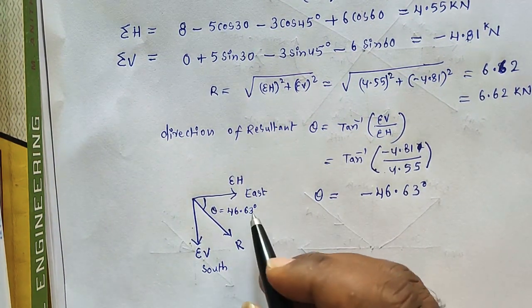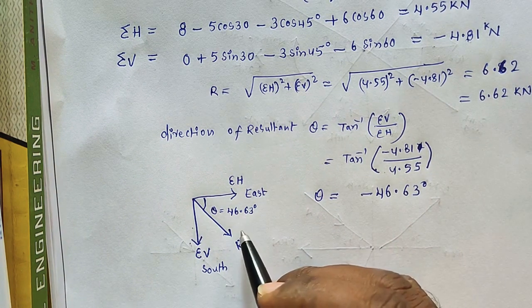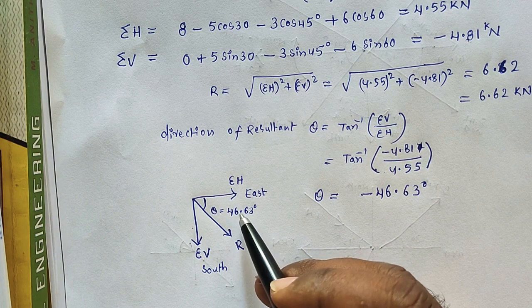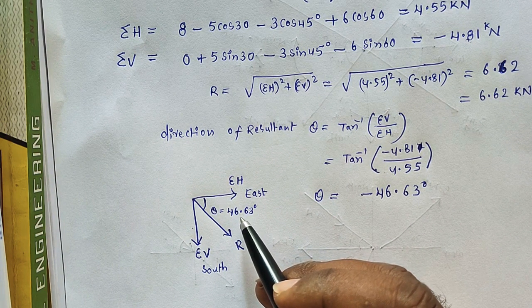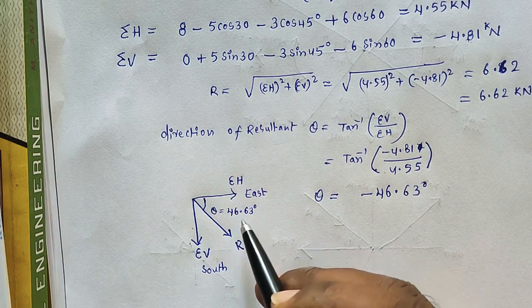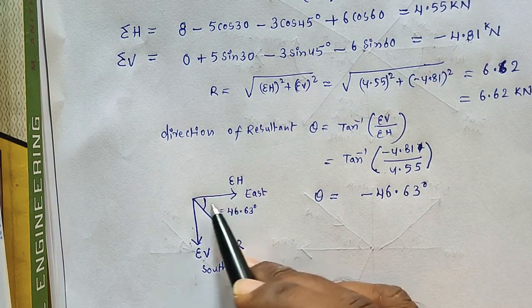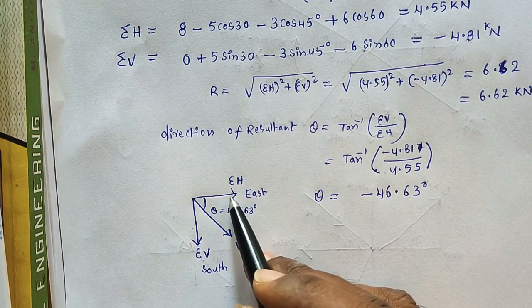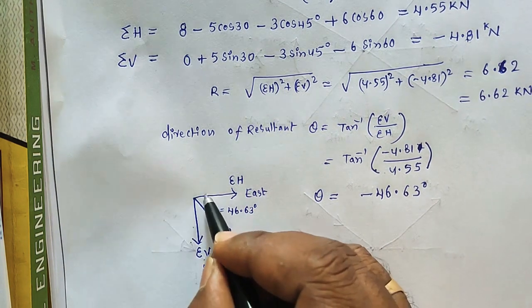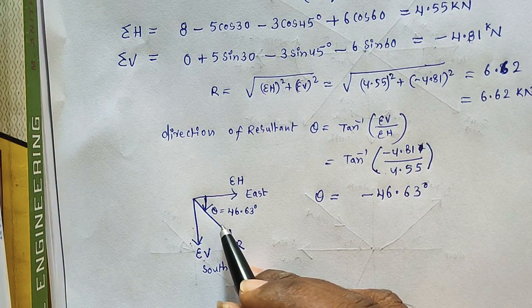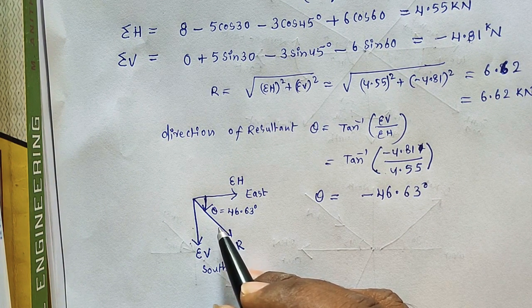So the direction of the resultant: the resultant is acting 46.63 degrees towards south of east. This is east, so the resultant is acting 46.63 degrees from east to south, that means south of east.